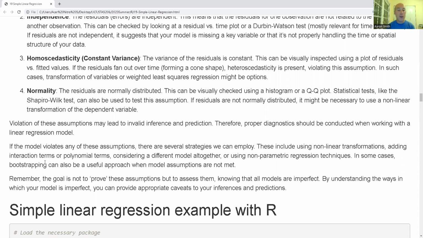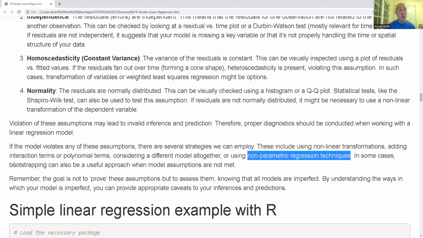If the model violates any of these assumptions, there are several strategies we can employ. These include using nonlinear transformations, adding an interaction term if I'm using multiple linear regression, or polynomial terms of higher degree. So instead of having just x, I could have x squared and x in the model, or considering a different model structure altogether, or using non-parametric regression techniques.